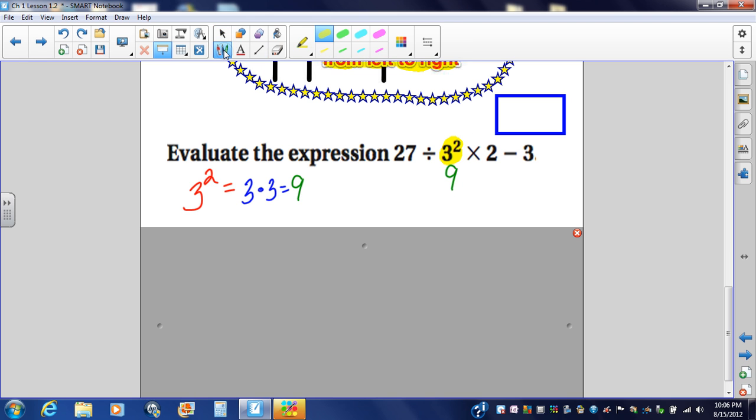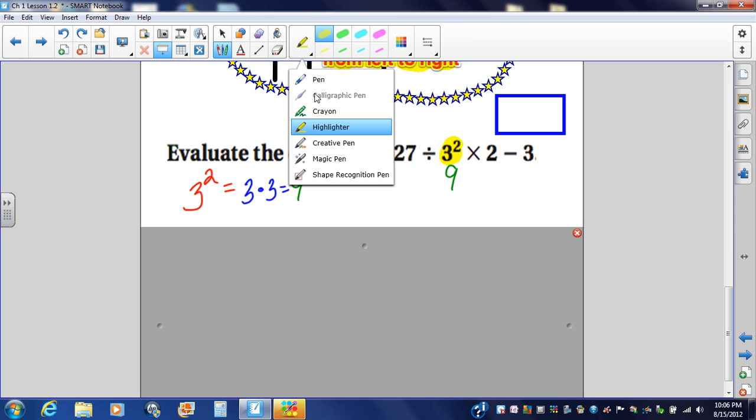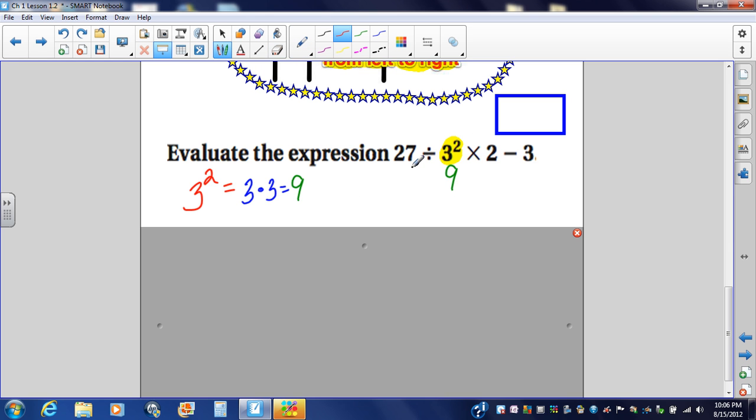Everything is hunky-dory. Change pens. I'm going to copy the rest of the problem. So I have 27 divided by 9 times 2.